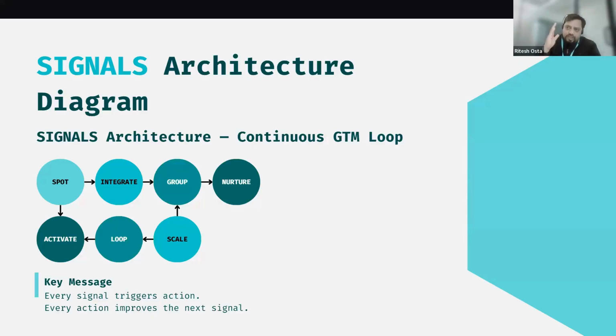So the fifth step is activation. When I say activation, I mean email, LinkedIn, multi-channel, ads, text, whatever it is. You can do all those kinds of activation in any channel that you want. Then you create a loop. That means you continuously run those campaigns and see who is responding and who is not. If heavy engineering clients are responding to your message, and healthcare prospects are not responding, you got the message, right?